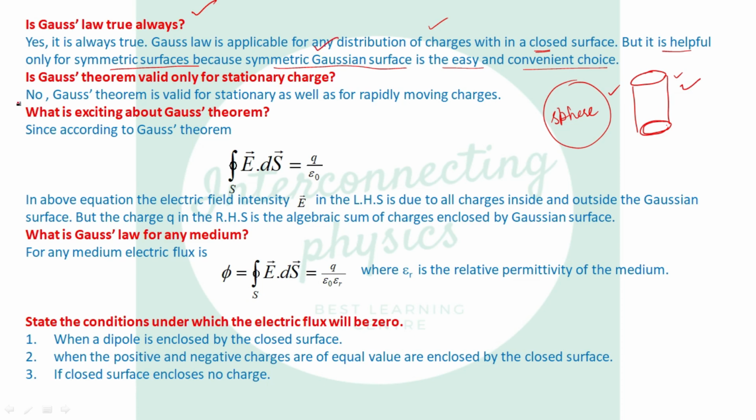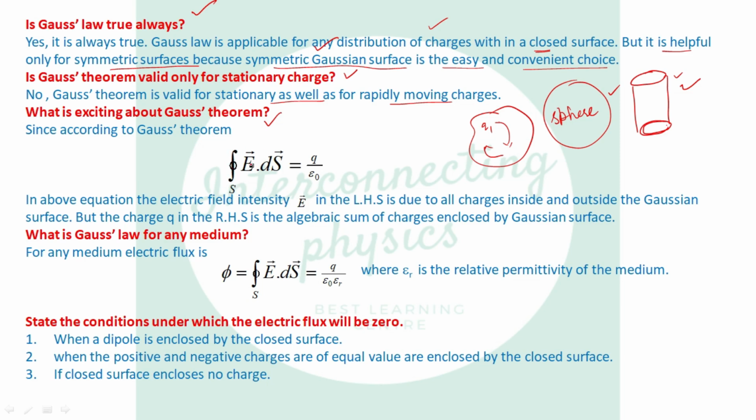Okay. Now, is Gauss theorem valid only for stationary charges? No, it is valid for stationary as well as rapidly moving charges. Suppose inside the closed surface, charges are moving from here to here, here to here, then it is applicable here. And what is exciting about Gauss theorem? What is the wondering thing about Gauss theorem?